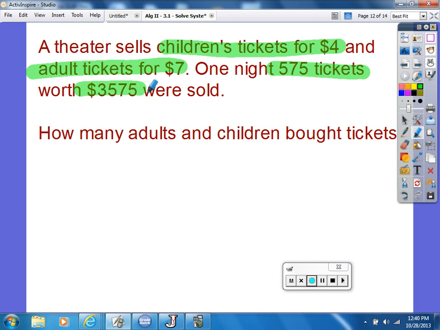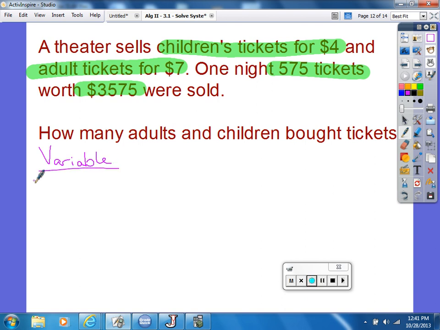Wonderful. So, now that we have the key information, the next thing we do is we figure out what we're looking for. What am I looking for? How many adults and children bought tickets, right? So there's actually 2 separate things I'm looking for. I'm going to call this my variable.